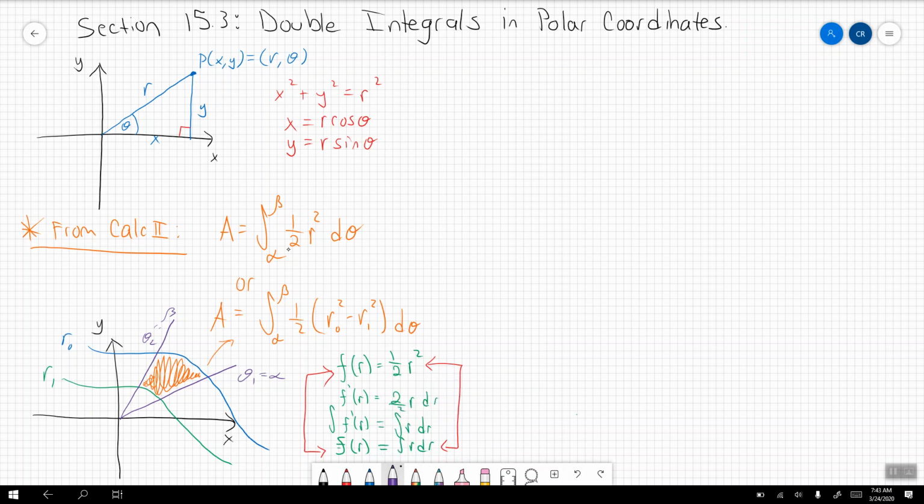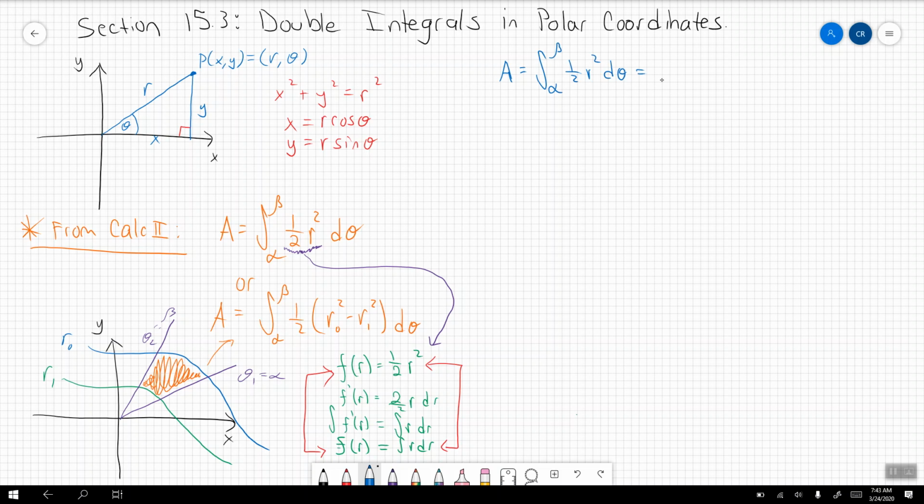Notice what we have right in here. 1/2 r squared. 1/2 r squared is that function. But that function can be expressed as the integral of r dr, which will now be a natural sense for us to say that if we want to find the area of a sector in polar coordinates, yes, we are absolutely correct that it's going to go from alpha to beta, and it's going to be 1/2 r squared d theta.